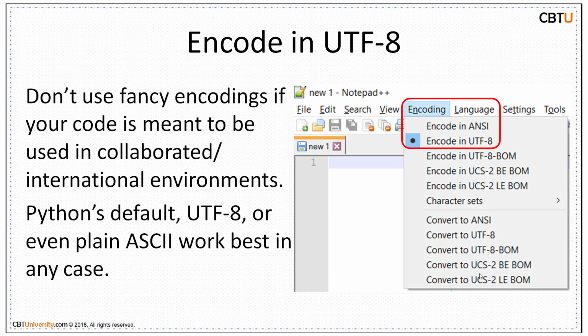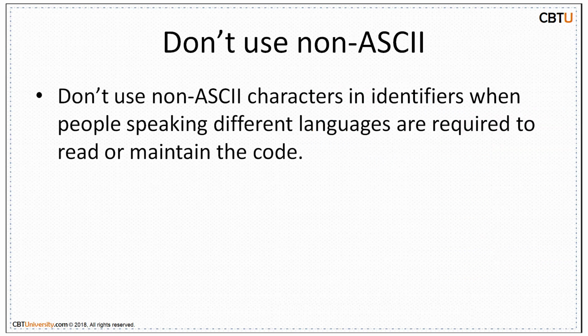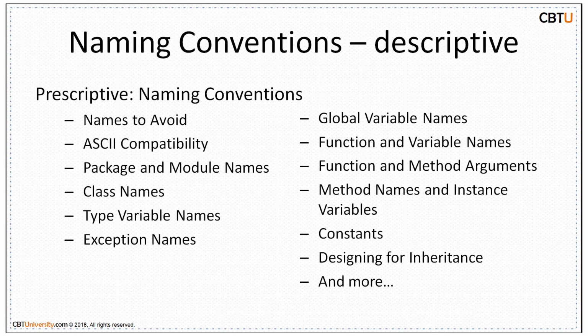Even plain ASCII works best in any case. Don't use non-ASCII characters in identifiers when people speaking different languages are required to read or maintain the code. The naming conventions must be descriptive; go through the PEP8 document for all of these, like what names to avoid, ASCII compatibility, and so on.